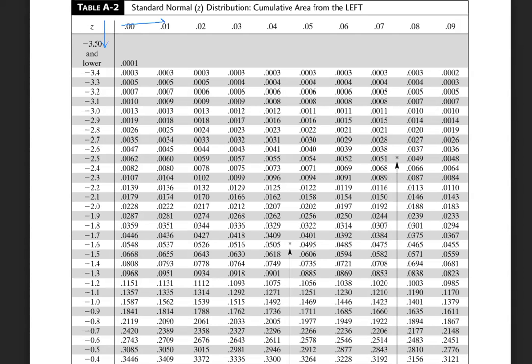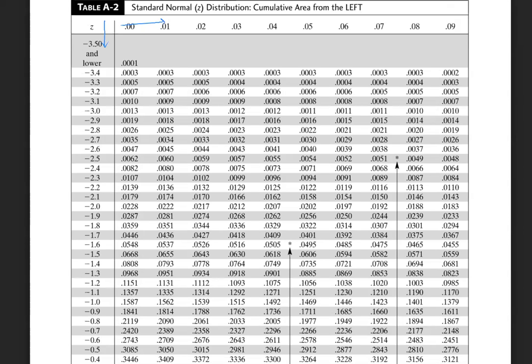We are looking at the z-scores table for negative z values. You might ask, should I look at positive or negative z-scores? If your area or probability is bigger than 0.5, you look at the positive z-score table. If it is less than 0.5, you look at the negative z-scores table.